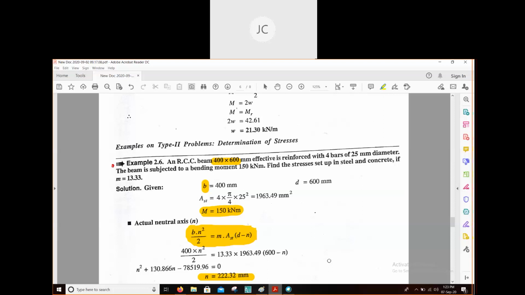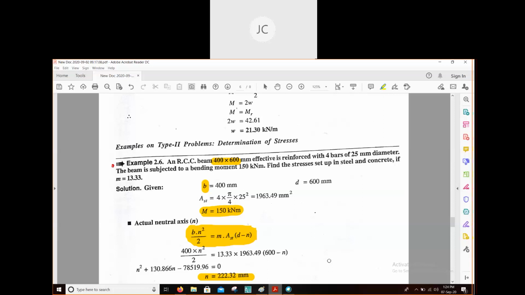If you solve the problem during the class, it will be better to understand, so that if you have a doubt, you can directly ask me why or how this value is coming. After the class, when you go through the PDF, if you have any doubt, you can always ask me directly, or in the next class also.